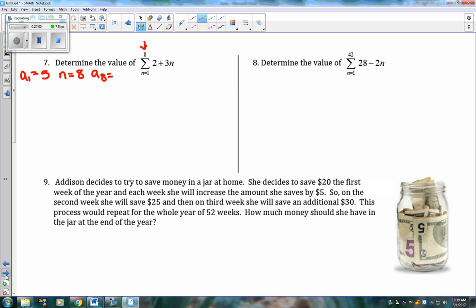What'd you get? 26. Say it again, I didn't hear you. Is that the answer? So we're done? No, you have to throw them back. I'm still trying to figure out why we're using the key.